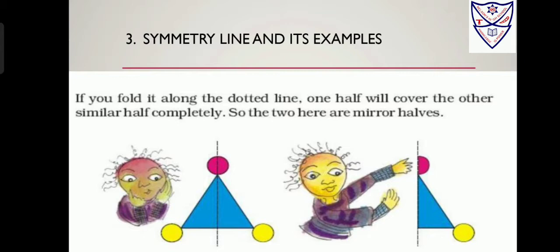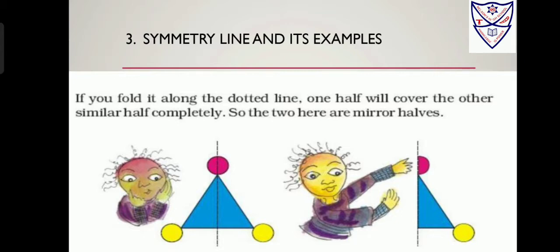Now if I fold this triangle exactly in half, this yellow circle will fall on this right side circle, and this red circle will be divided into two equal parts.